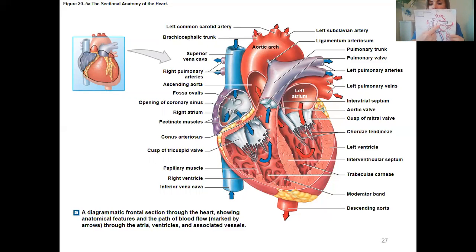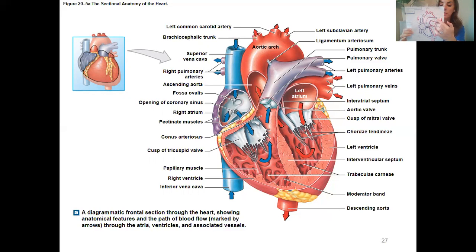So from the pulmonary trunk, we're now going to branch off and go out to the right and out to the left. And these branches here, because the vessels that run away from the heart are called arteries, are our pulmonary arteries. They are blue because they're carrying deoxygenated blood.